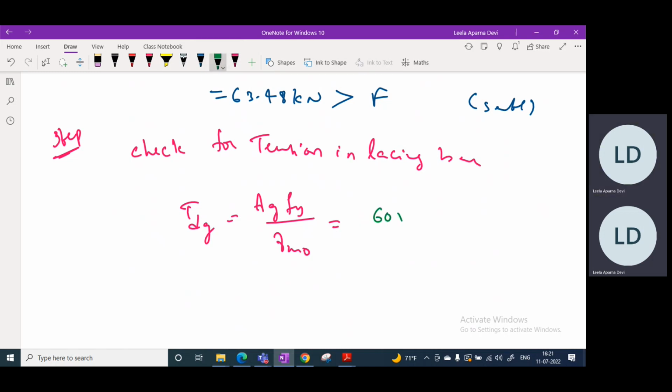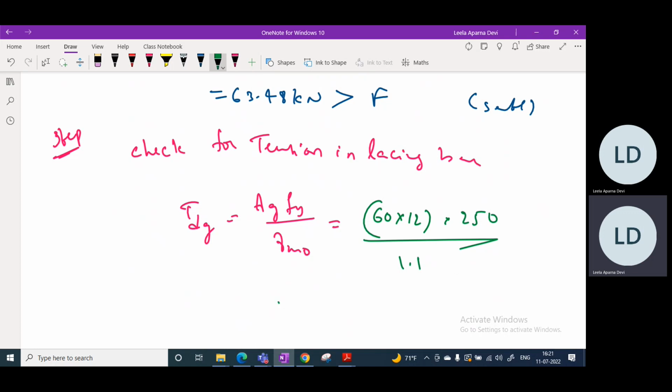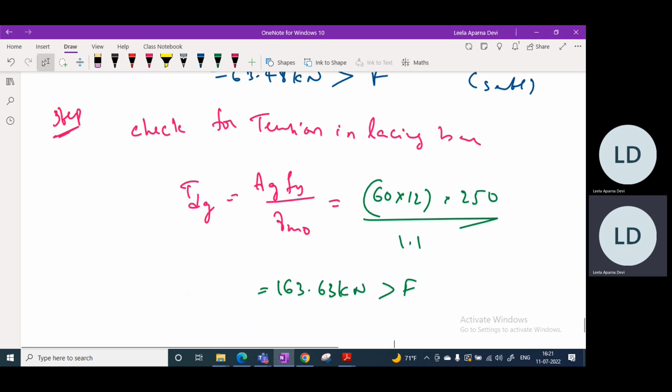Gross area is 60 into 12, multiplied by 250 which is the fy value, and 1.1 is the gamma m0 value, which I have taken from table 5. From this, 63 kilonewtons we got, which is greater than force F.